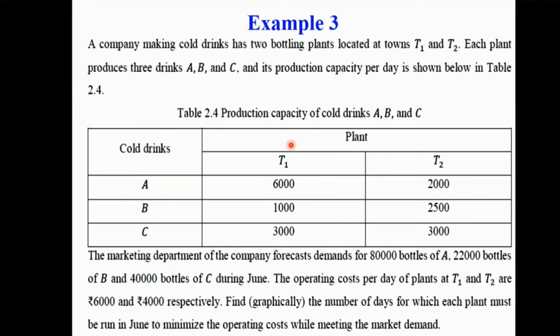So this is the problem that we are going to solve. Find it graphically, the number of days for which each plant must run in June to minimize the operating cost.